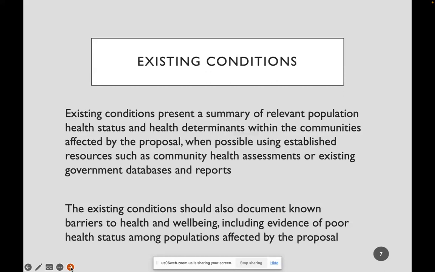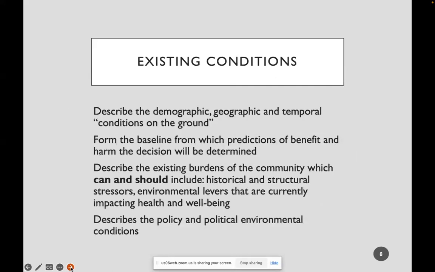So existing conditions should also look at barriers to health and well-being, including evidence of poor health status among the populations and how they got that way, right? It should really be your conditions on the ground. You've defined your geography, you've defined your demography and your time frame.